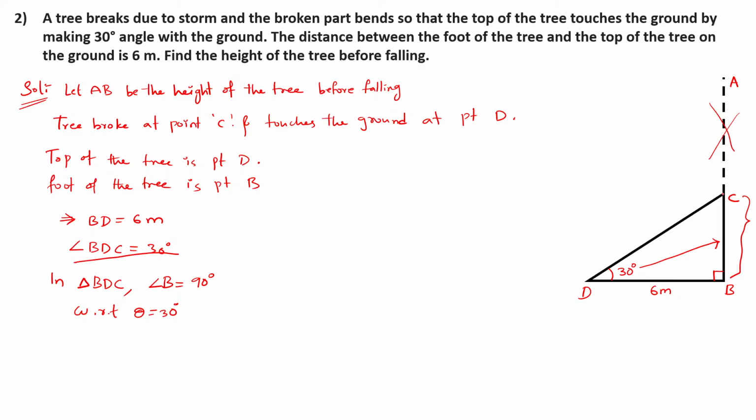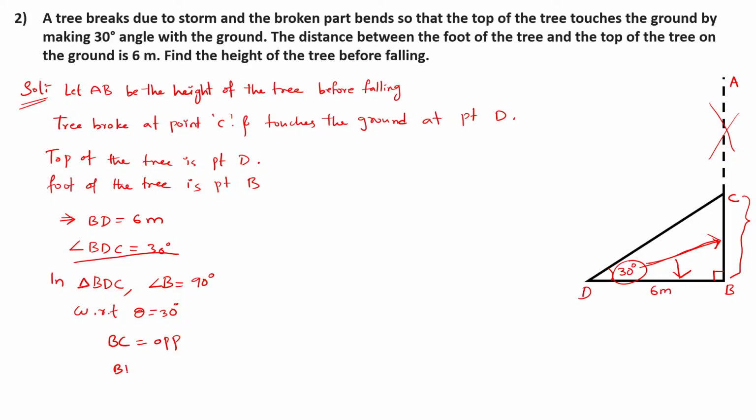So you must consider only triangle BDC. In that BDC, your acute angle is 30 degrees. With respect to this, BC will be the opposite side and BD will be the adjacent side. Okay, right. So with respect to theta, BC is nothing but the opposite side.